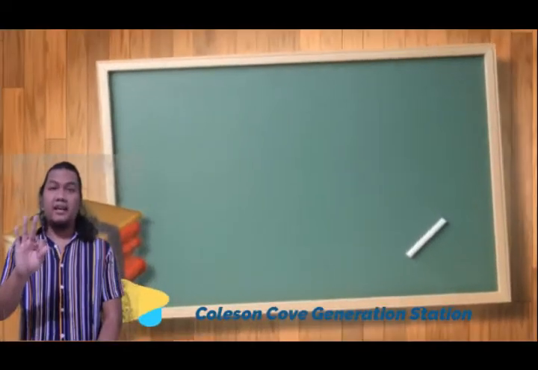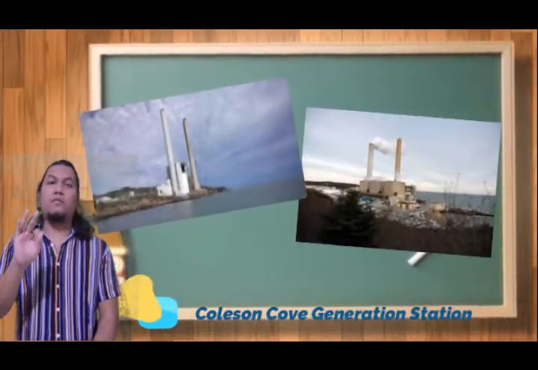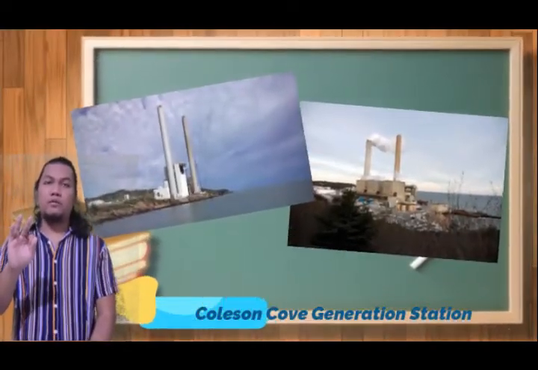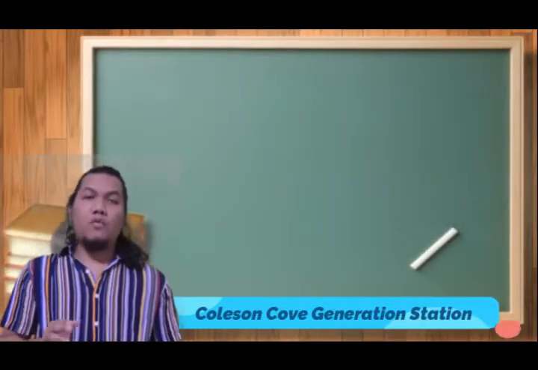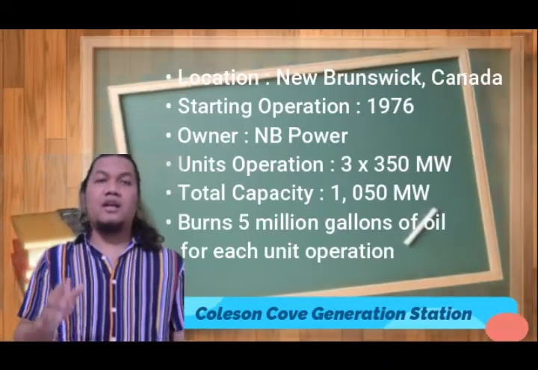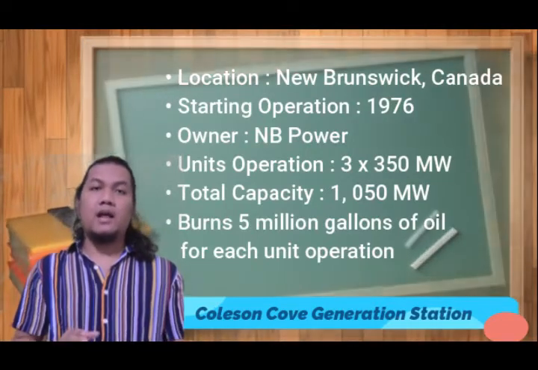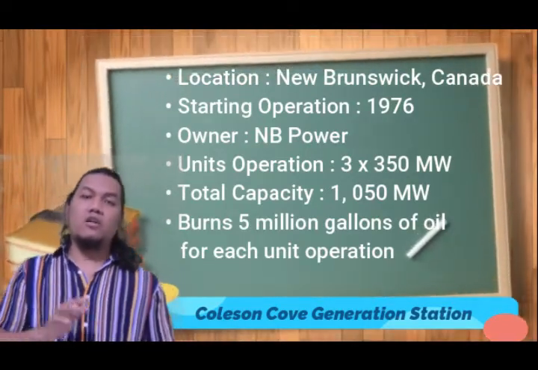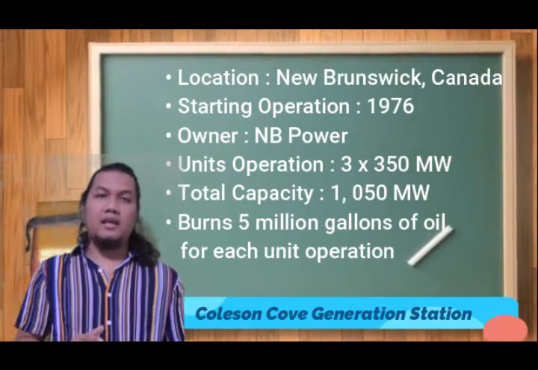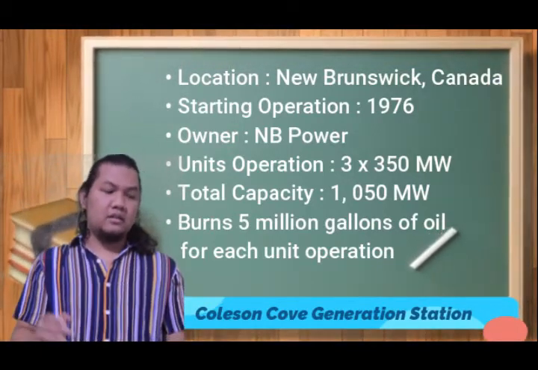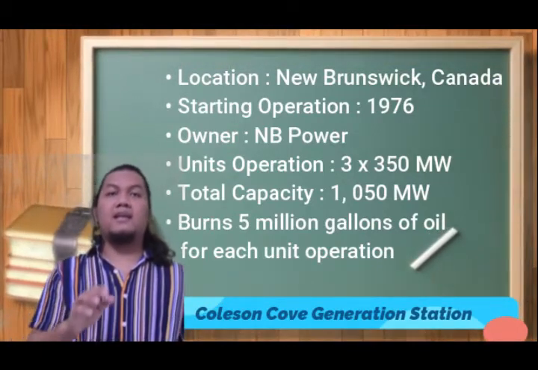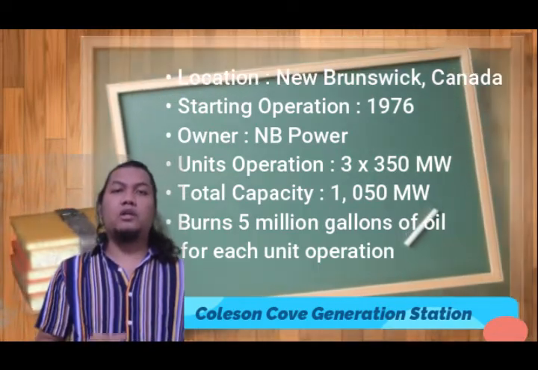Number 3. Coleson Cove Generation Station. Coleson Cove Generation Station is located in New Brunswick, Canada. It started operating in 1976. It is owned by NB Power.